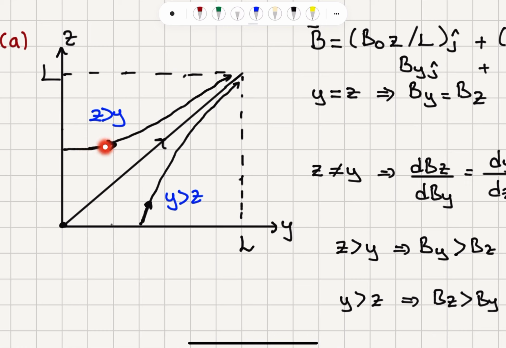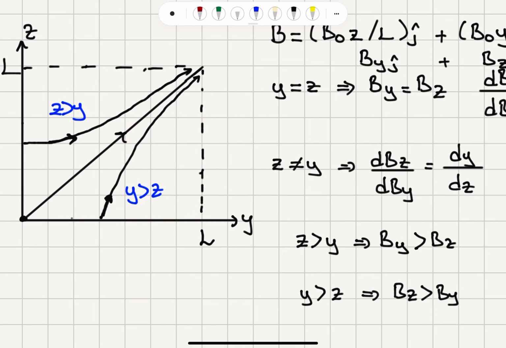Going further, z is greater than y, always giving a vector with a y component larger than the z component. As z and y approach each other, the vectors asymptotically approach the y equals z line.